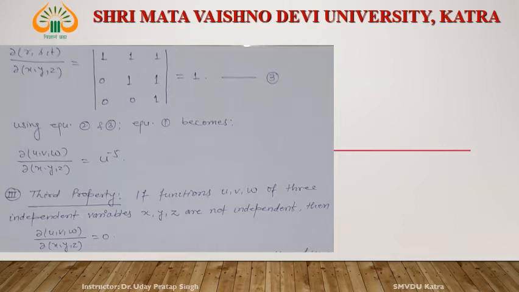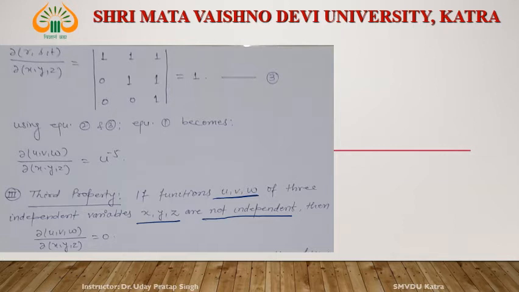If you have to find out whether u, v, w are connected by some functional relation or not, then if u, v, w are functions of three variables x, y, z which are not independent, meaning u, v, w are not independent and they are functions of the independent variables x, y, z, then ∂(u,v,w)/∂(x,y,z) is equal to 0.